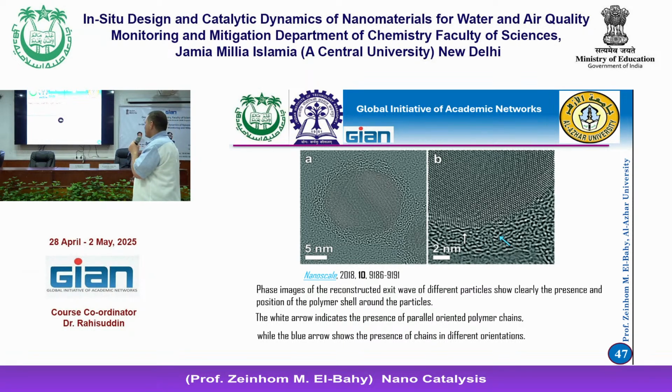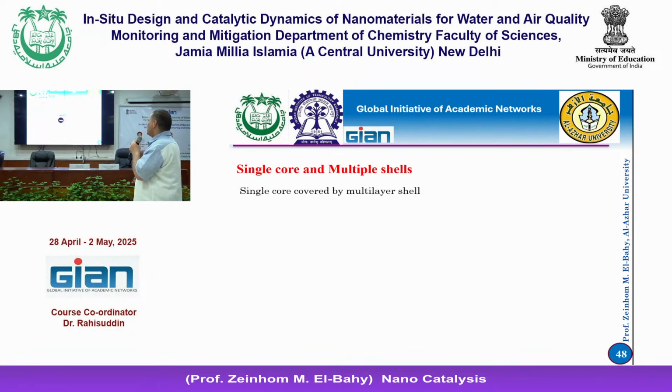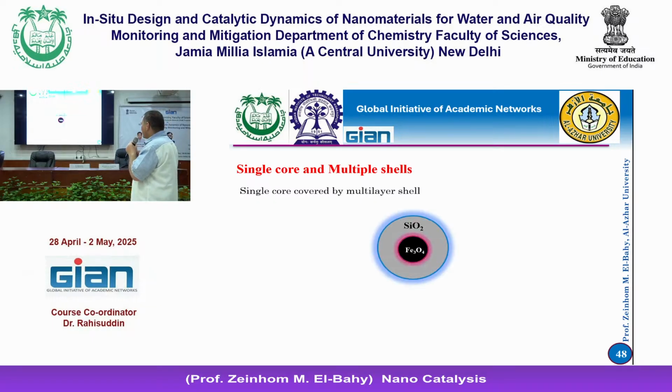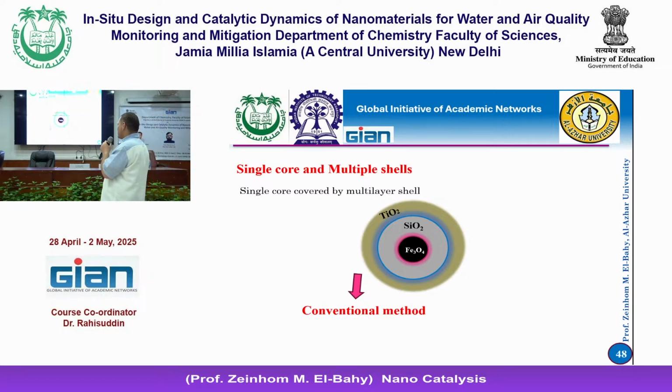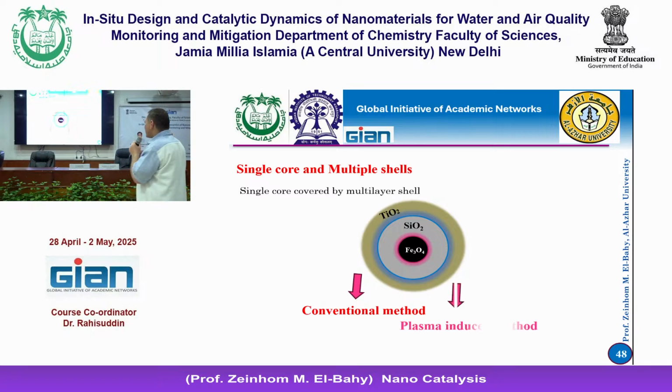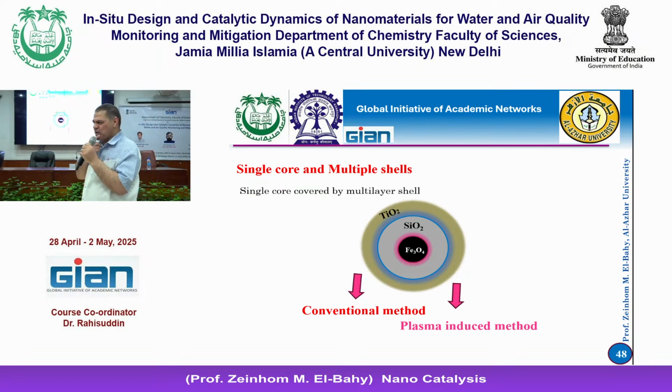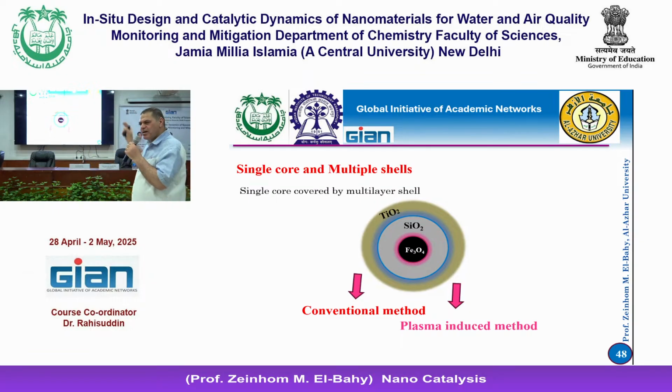Of course, we can see that this is magnetite, and we prepare silica over magnetite, and again add titanium over the silica. It can be prepared by the conventional method, as I'll show you, and also by the plasma-induced method. What is the plasma-induced method? We use plasma to prepare these materials.